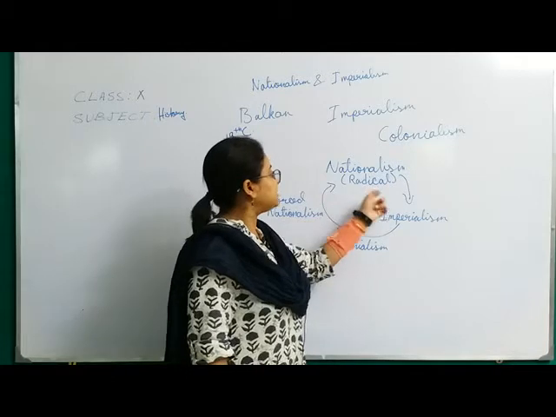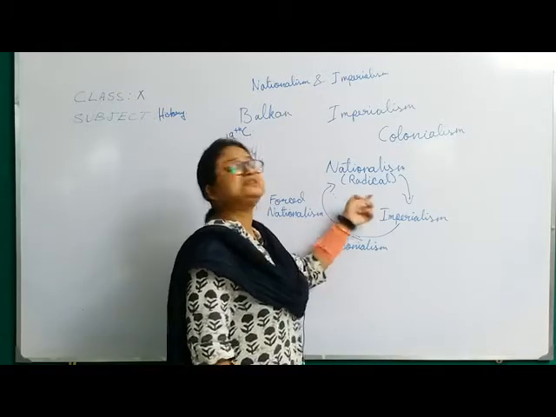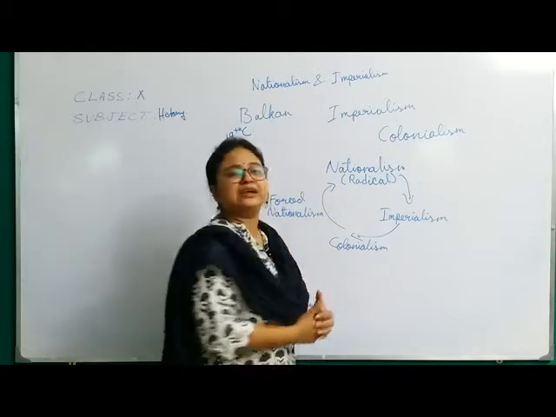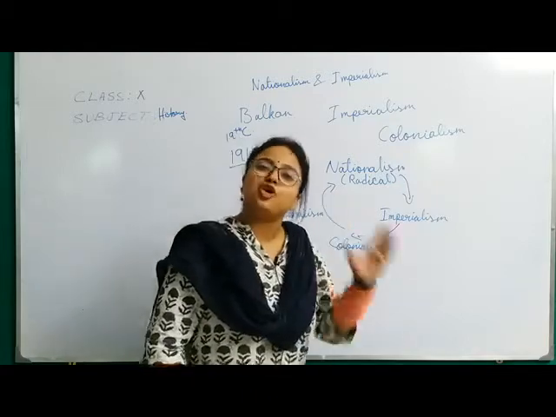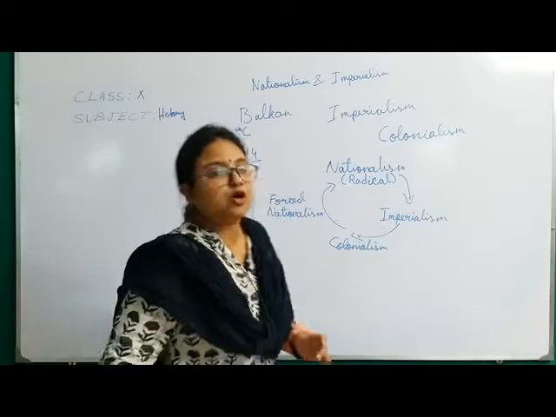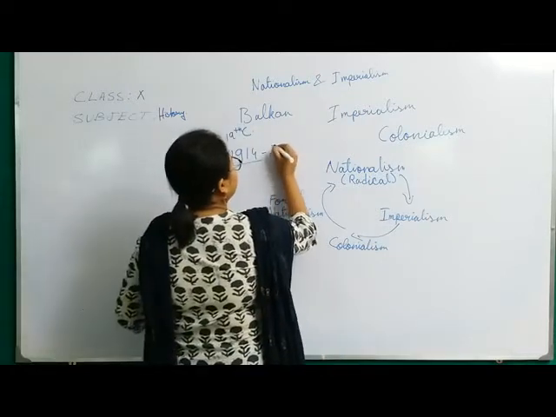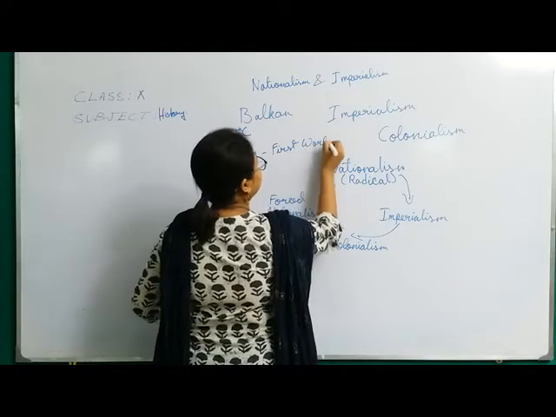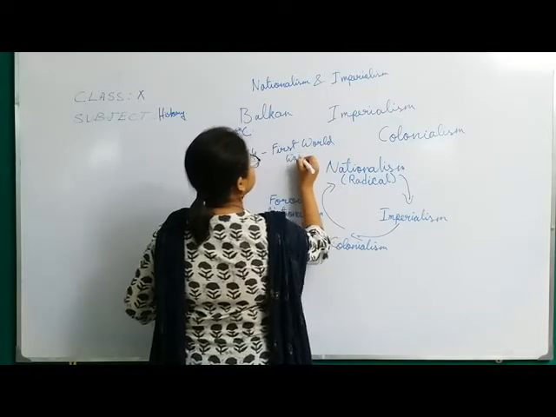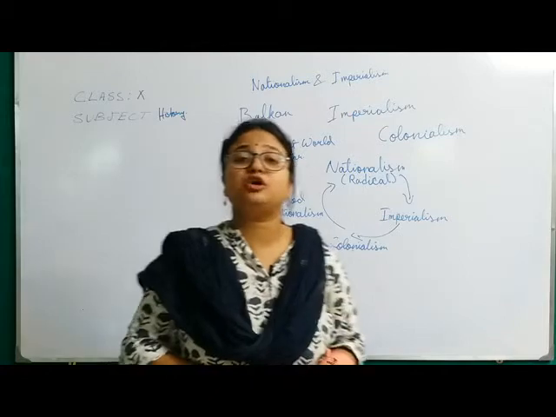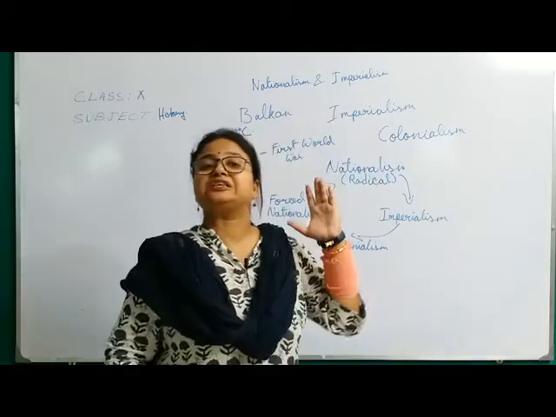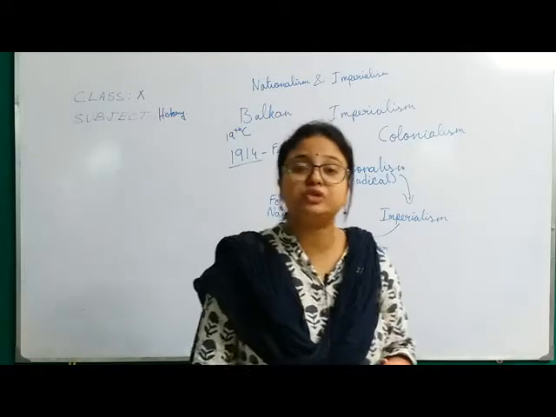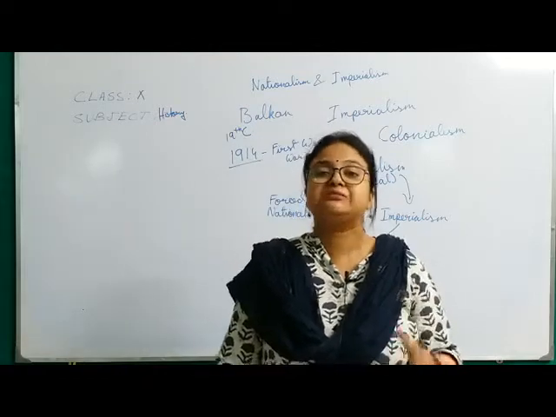So you can see that there was a never-ending circle which finally also led to the beginning of the First World War in 1914. If a question comes asking the reasons of the First World War, you have to explain this, right? I hope all of you have understood the meaning of imperialism and nationalism.